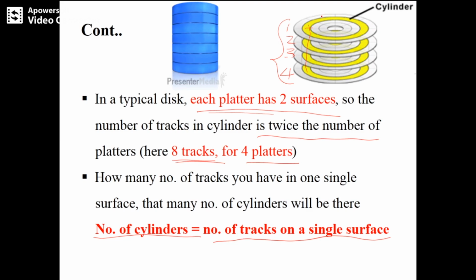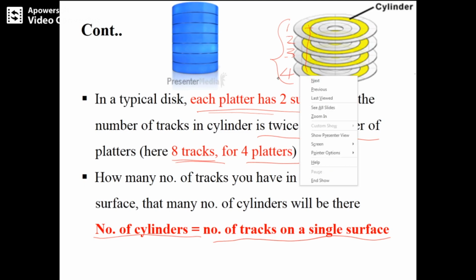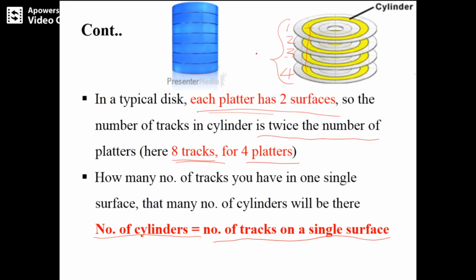In the same way, if this surface has one more track, how many cylinders will there be? 2 cylinders, because only 2 tracks are there on one single surface. That is how we write: the number of cylinders is nothing but the number of tracks on a single surface.